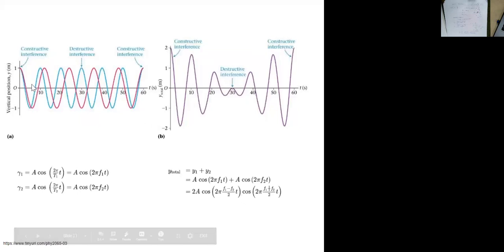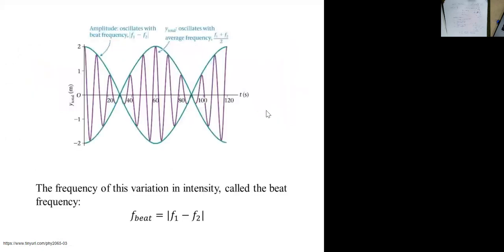These are the two waves originally. When they meet at one location, this is the resultant. If you zoom in to see, you'll see that the amplitude of the resultant oscillates. It comes down and goes up again, comes down, goes up again.